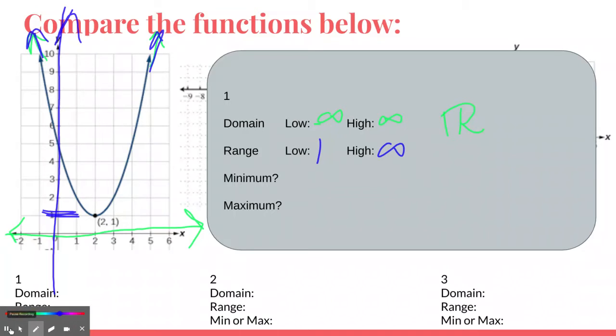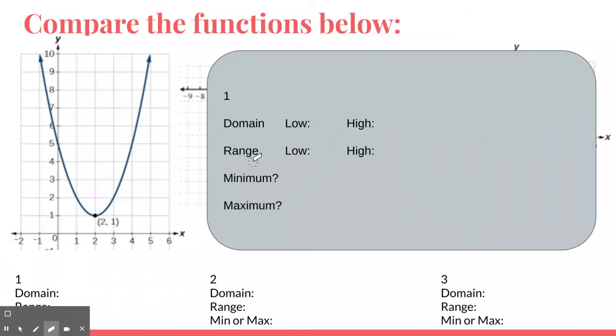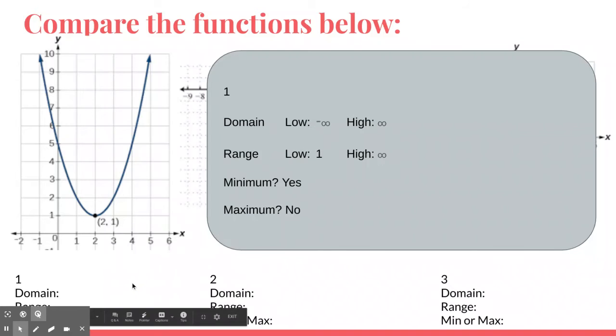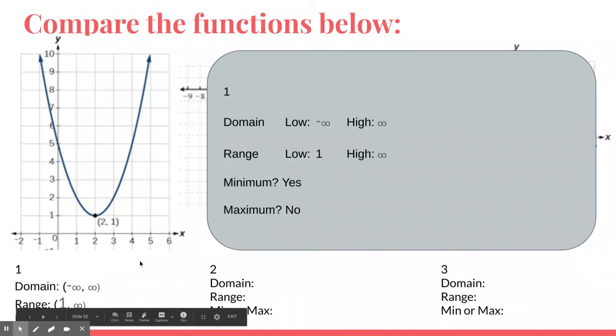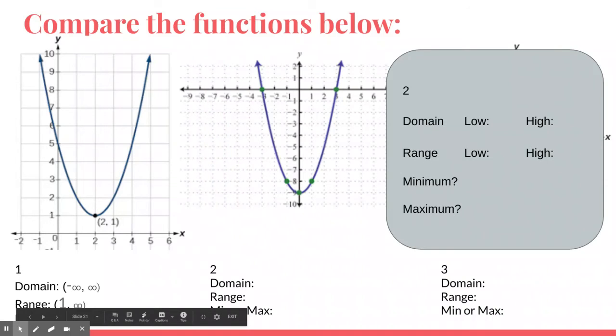And now the question that I'll ask you is, based off the image, do we have a minimum or do we have a maximum? All right, we have a minimum. So here is where we input all the information, and now you can see that it is included in the bottom piece. Now we're going to move on to graph number 2.